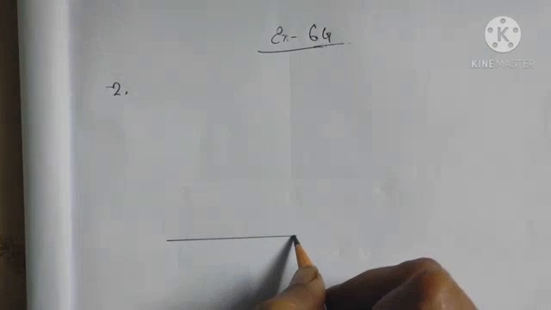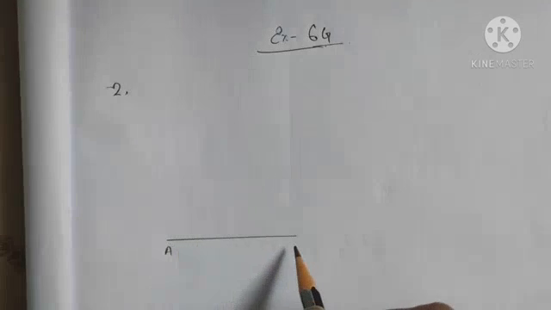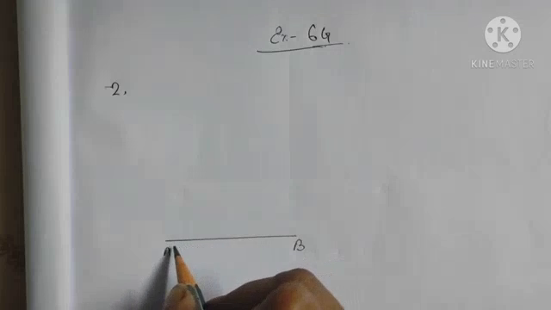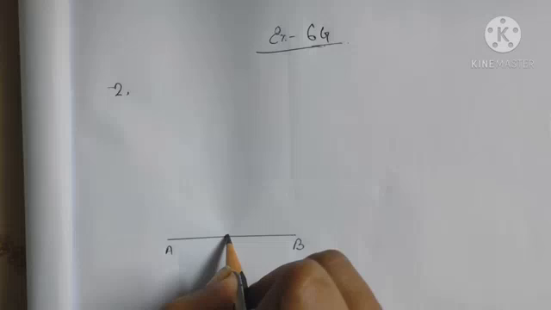Then mark here as AB. The line segment is of 5 centimeter. Then mark a point C on it. We can take a midpoint or we can mark anywhere on this line. I am taking here C.